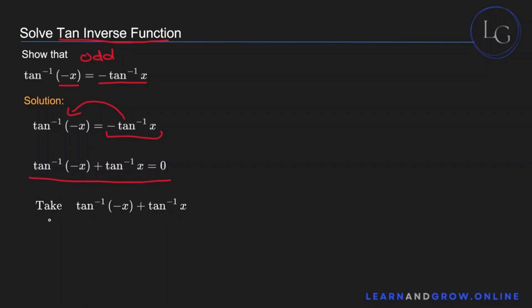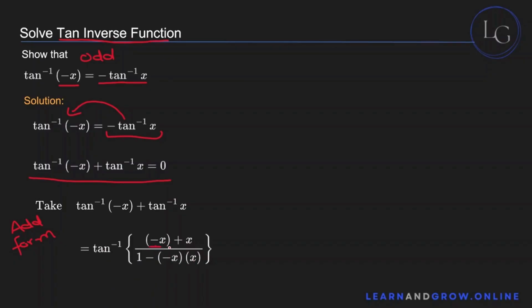Well, you take the addition formula of the tangent inverse function, and that gives you this. So tangent inverse of minus x plus tangent inverse of x is equal to tangent inverse of minus x plus x over 1 minus negative x into x, right?